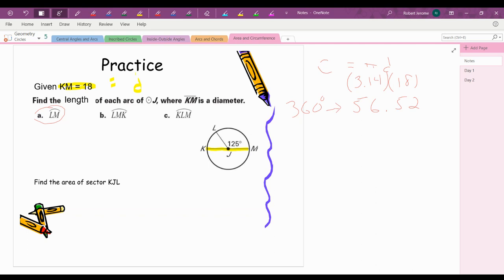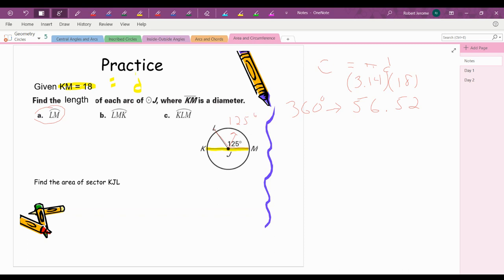But in this question, we're only going from L to M. So arc LM, let's go to the picture. We have a central angle. Central angle equals the arc. So the arc we care about is 125.